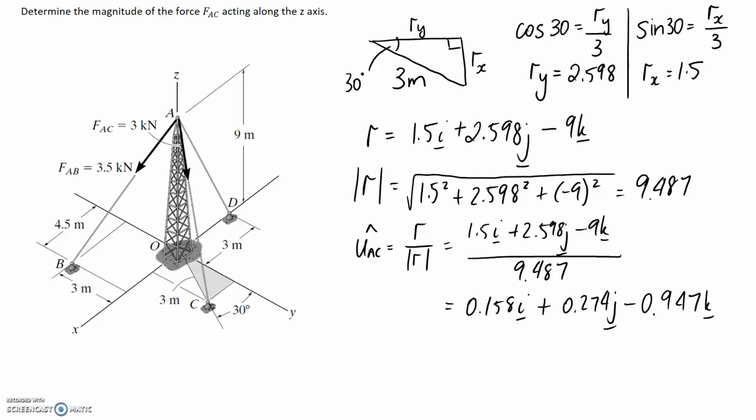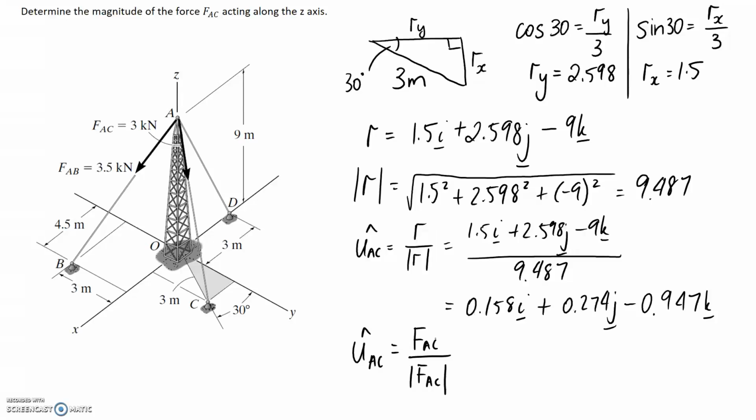Alright, so now we know the unit vector. What we're going to be able to do is use it to calculate what the force should be along AC in terms of those I, J, and K components. So again, we can use this equation with our unit vector to say that it's going to be equal to our force vector, I'll call it FAC, divided by the magnitude of the force vector. We know that it's got to point in this same direction represented by our unit vector.